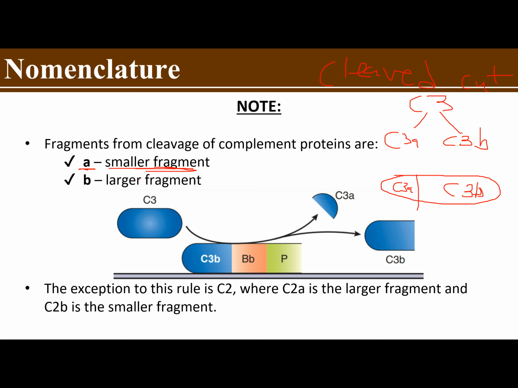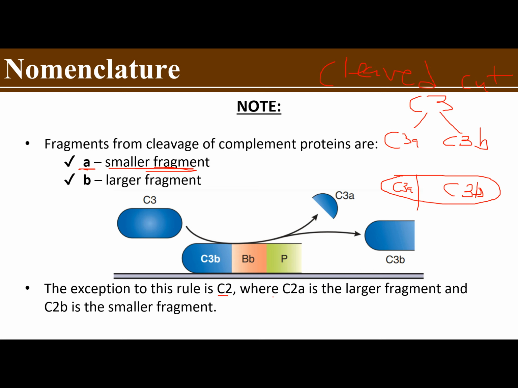So if asked in your exam, what letter would stand for the smaller fragment of a cleaved complement protein, the answer is a. If asked in your exam, what letter would stand for the larger fragment of your complement protein, it would be b. Now there is an exception to this rule, class, which is C2.